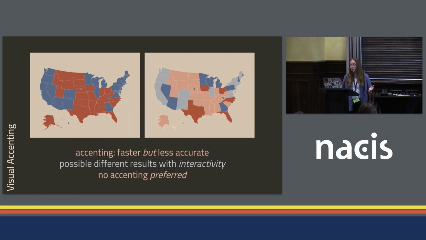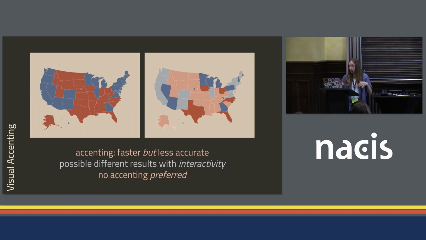I didn't want to do that in my study because I still wanted the other states to be readable. However, there is definitely a limit in that where people might see it as partial votes or just a lesser value. So I would encourage, if someone were interested in trying to adopt this at a news organization, to definitely make it interactive, not just display a static map that is accented.